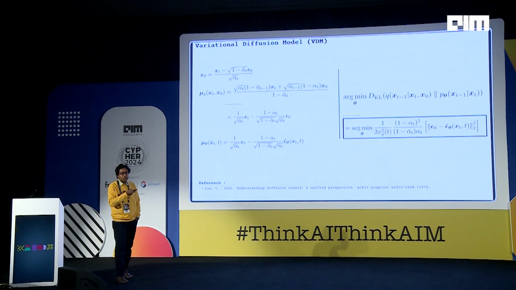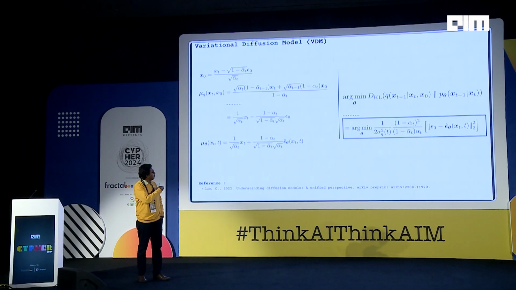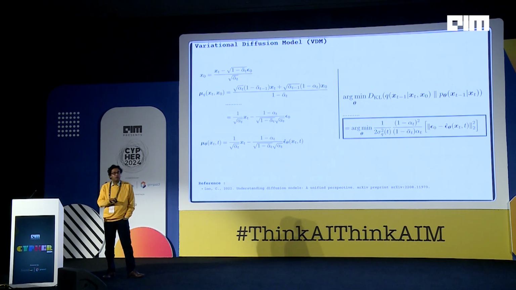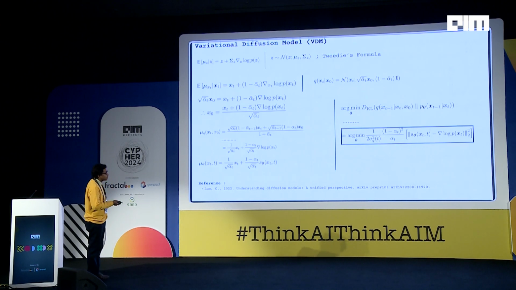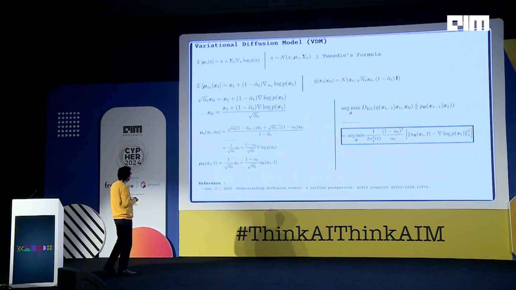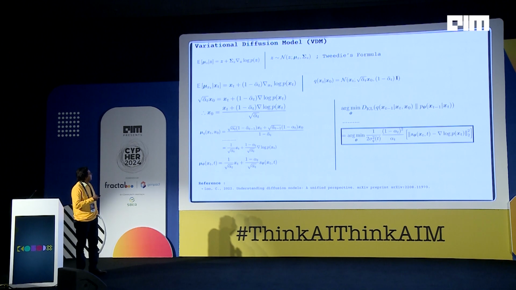Having a signal xt and going to x0 is similar to getting the noise at that particular time step t and going back to the initial noise, which is epsilon 0.